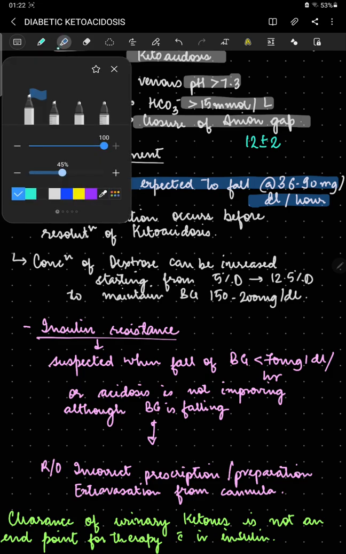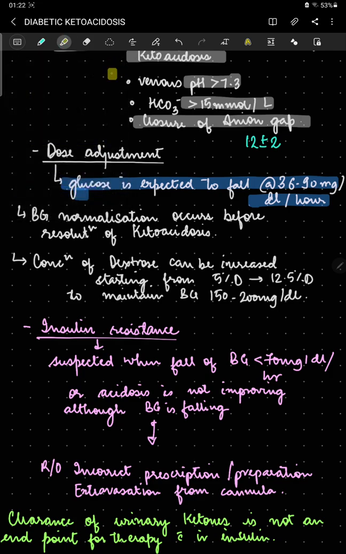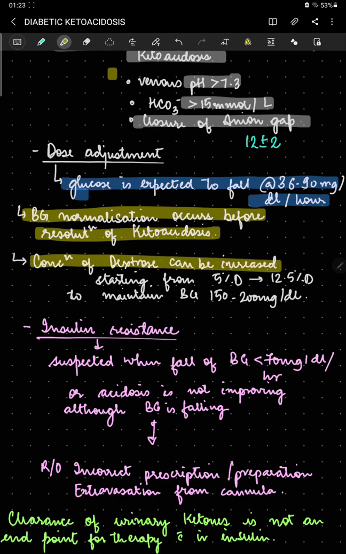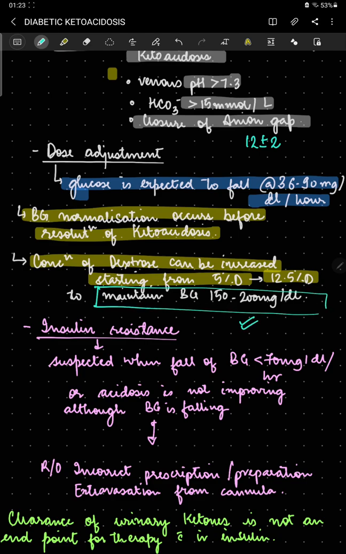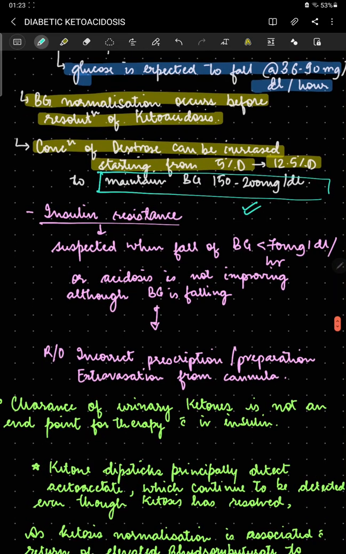And it is also very important to note that the blood glucose normalization occurs before the resolution of ketoacidosis. Okay, so the concentration of dextrose can be increased starting from 5 dextrose to 12 dextrose, as we have to maintain the blood glucose in the level of 150 to 200 milligram per deciliter.